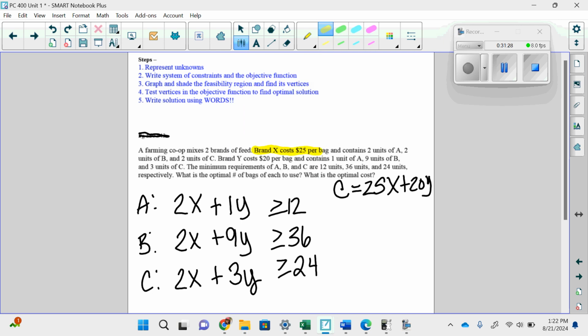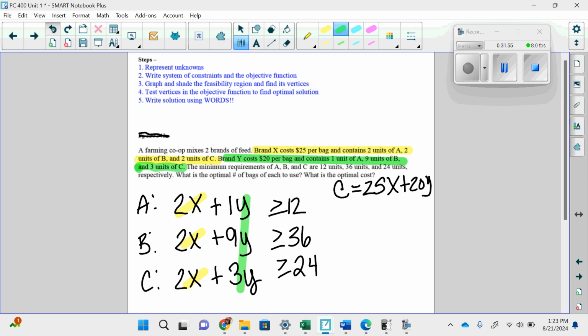So we have brand X costs $25 per bag and contains 2 units of A, 2 units of B, and 2 units of C. So that's what we're seeing here. That 2 units of A, 2 units of B, 2 units of C are all from brand X. And then brand Y costs $20 per bag and contains 1 unit of A, 9 units of B, and 3 units of C. So there we go.